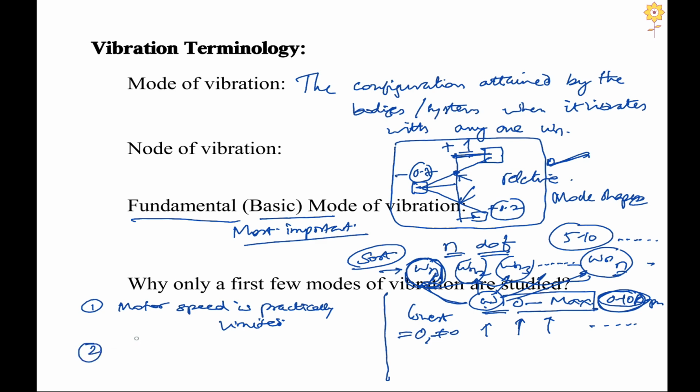or resonances. The second one is for low values of omega n. Earlier we had seen in the introductory lectures that for large amplitudes we have very low frequency of motion. There is a relation between them.